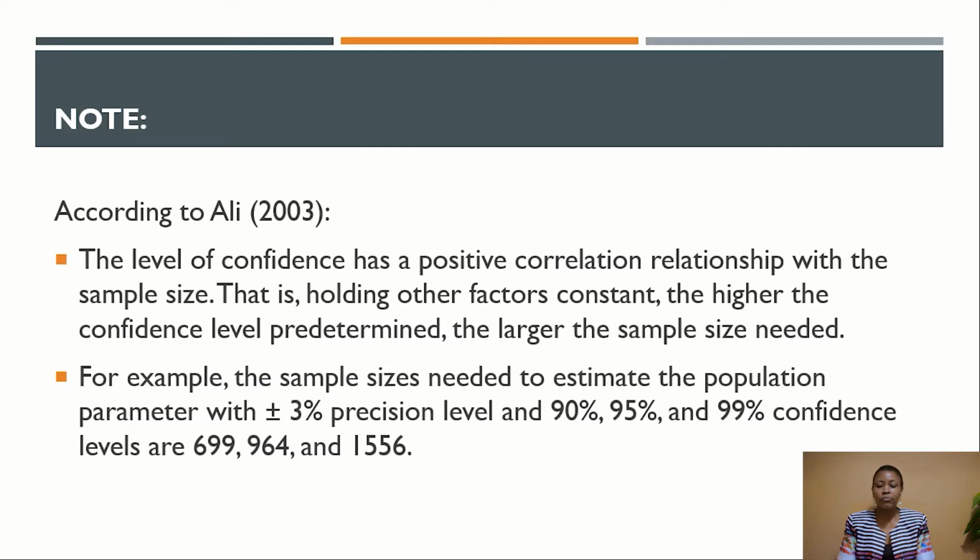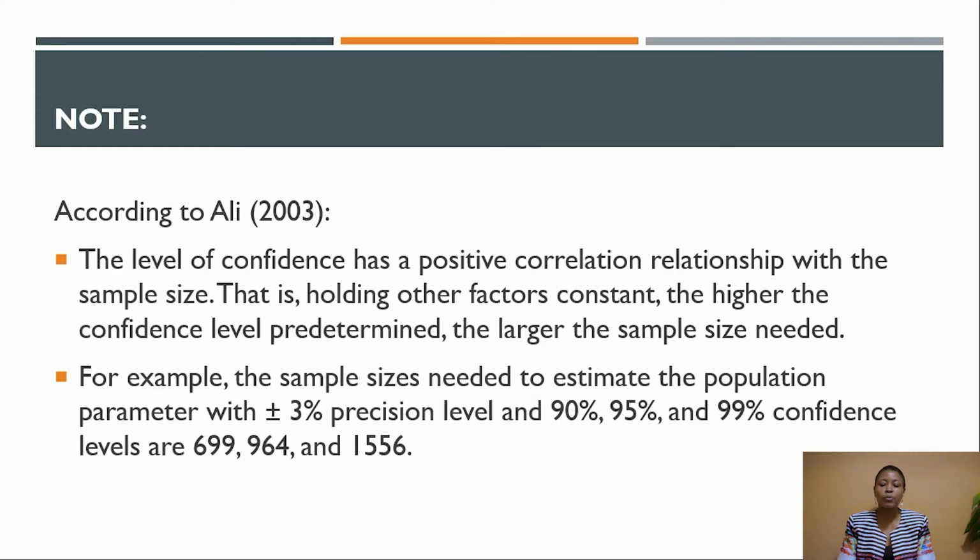The level of confidence has a positive relationship with the sample size. That is, if you hold all other factors constant, the higher the confidence level predetermined, the larger the sample size needed. That means for you to have a high confidence level, then the sample size must be large enough.